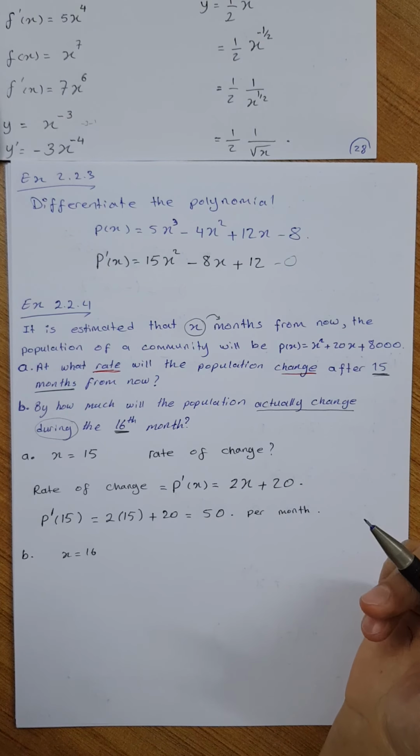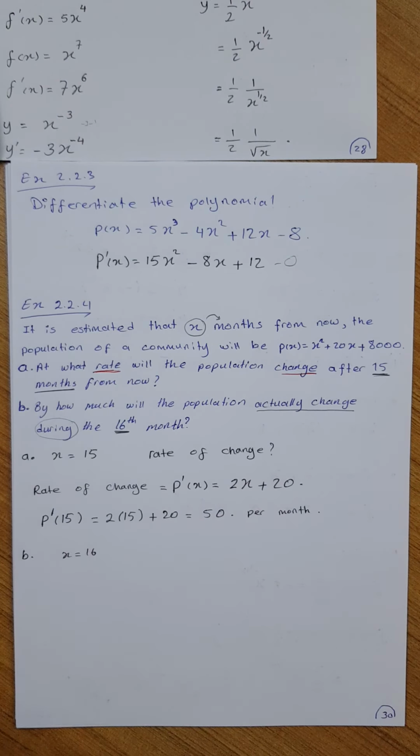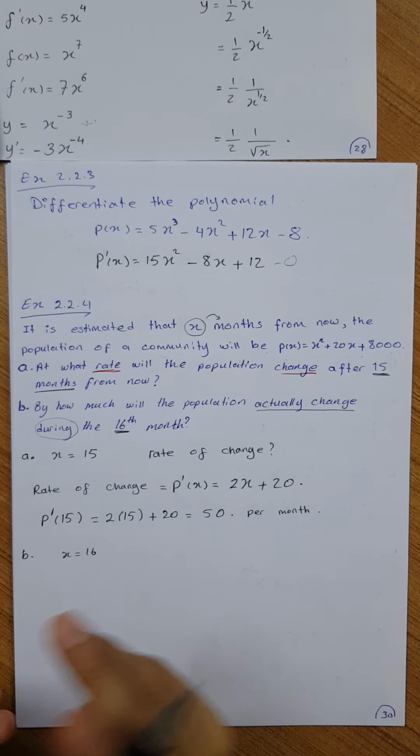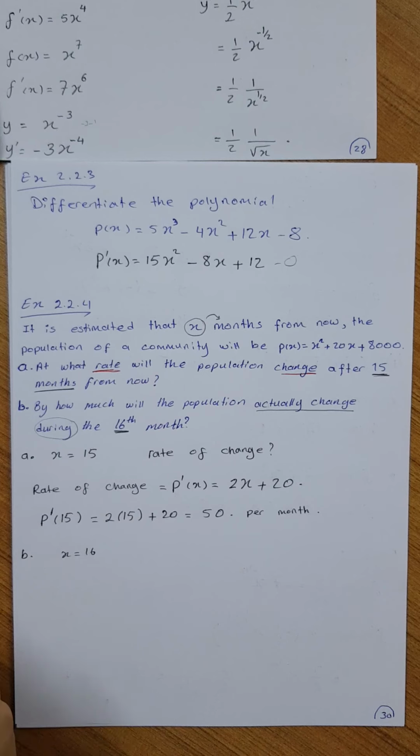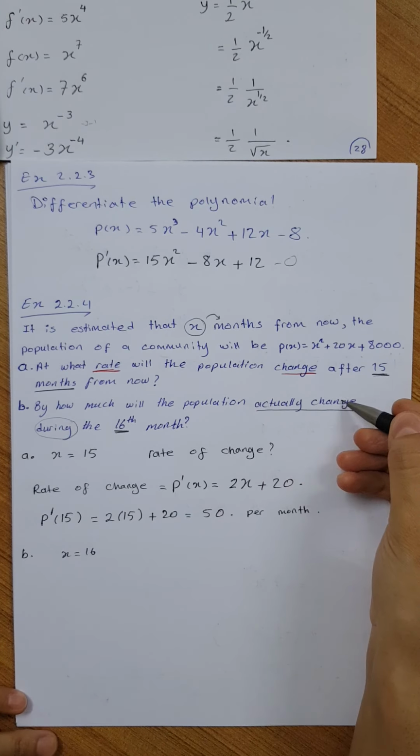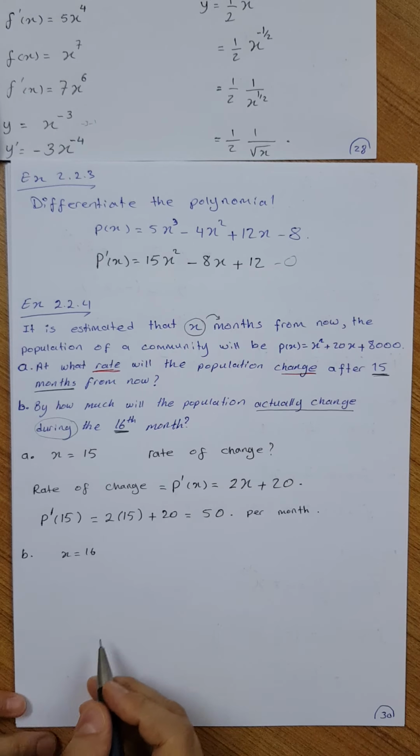Rate of change is the derivative. Actual change, that means in the 16th month, the population has increased by what number? Okay, we are not finding rate of change here. We are using the actual change. What's the actual? That means the actual population.